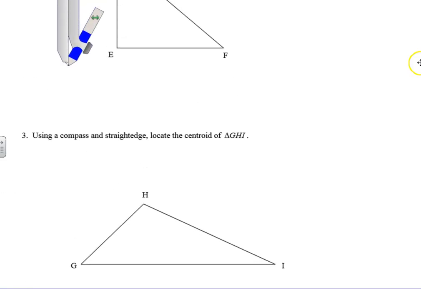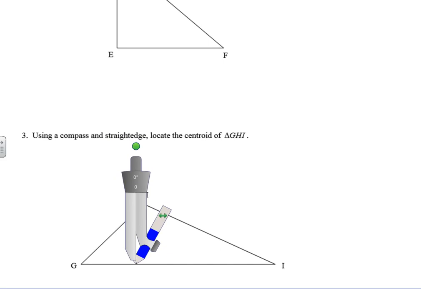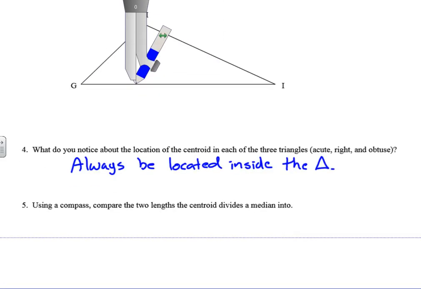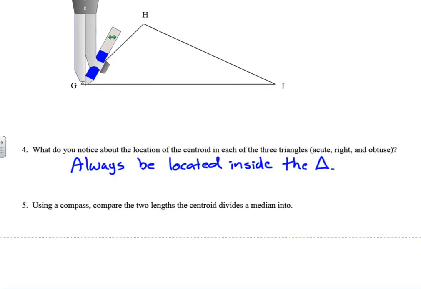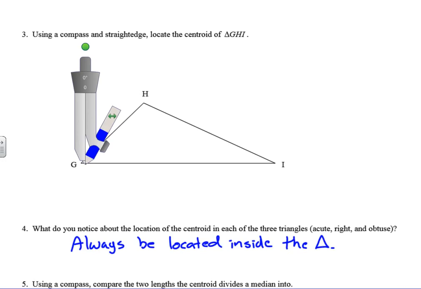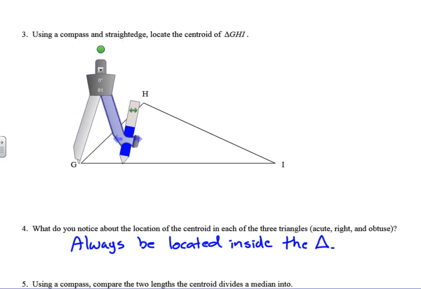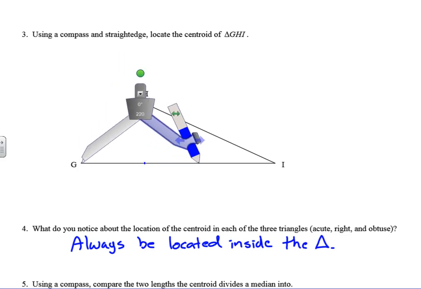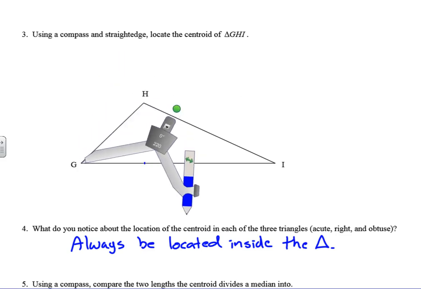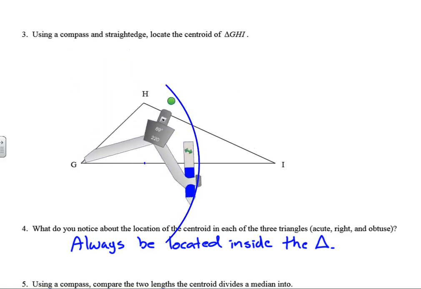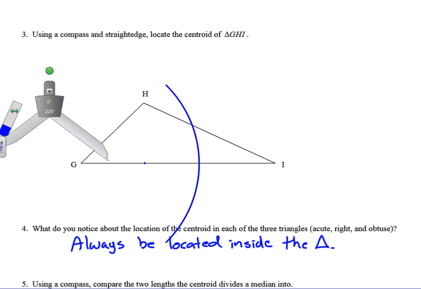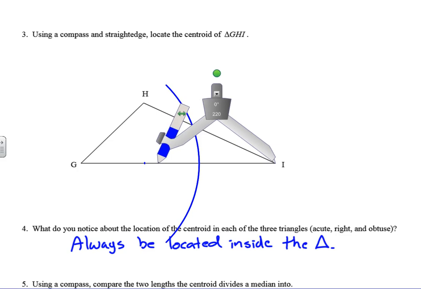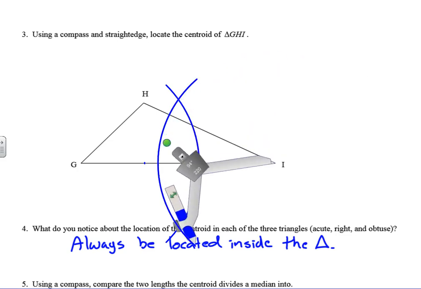I'll do the obtuse one down here. So let's go ahead and open this up. Here we go. I've got to get more than halfway, so I can do above and below, both sides, above and below.